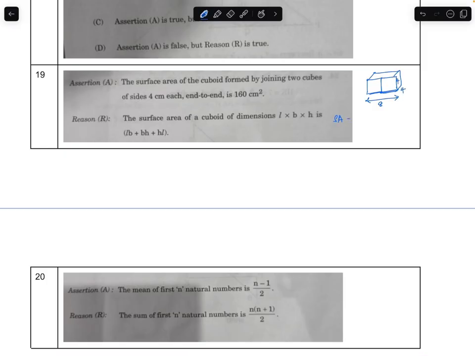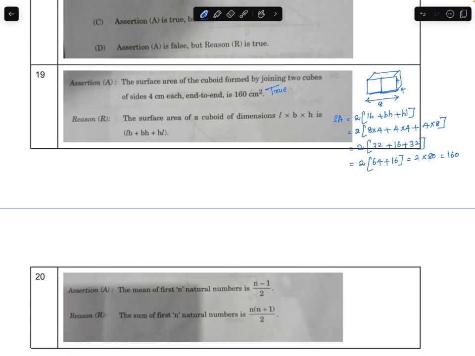So surface area is 2 times (LB plus BH plus HL), which is twice (8 into 4 plus 4 into 4 plus 4 into 8), which is 2 times 80. So it is 160. So the assertion is true.